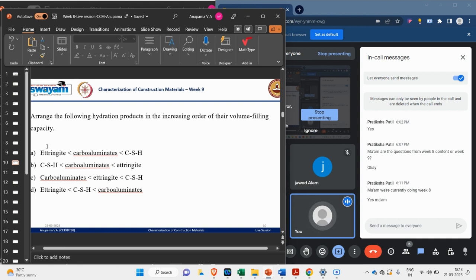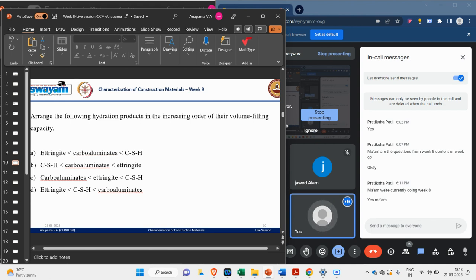Okay, let's move to the next question. Arrange the following hydration products in increasing order of their volume filling capacity. The options are: ettringite, carboaluminates, CSH; CSH, carboaluminates, ettringite; carboaluminates, ettringite, CSH; or ettringite, CSH, carboaluminates. When you hydrate cement, it forms hydration products.